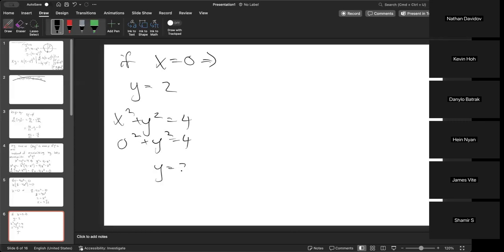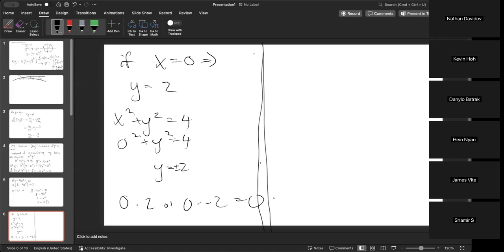So y equals plus or minus 2. But fine, either way, 0 times 2 or 0 times minus 2 equals 0. That's not the maximum product. There's another product that we can try.